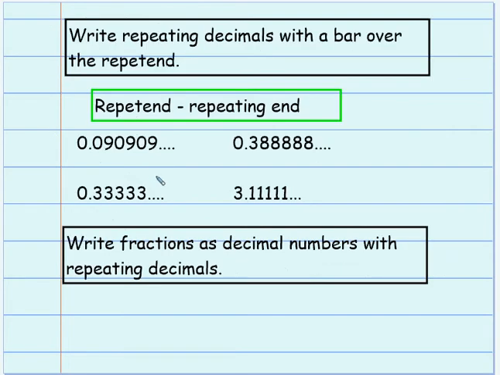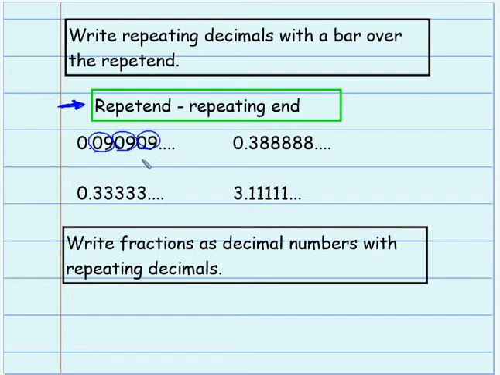So writing repeating decimals with a bar over the repetend. So repetend means repeating end. Okay, so where the decimal repeats, that's where we're going to put the bar. So for examples here, we need to look at the decimal numbers and decide which part repeats. Okay, so I have an 09, an 09, and an 09.